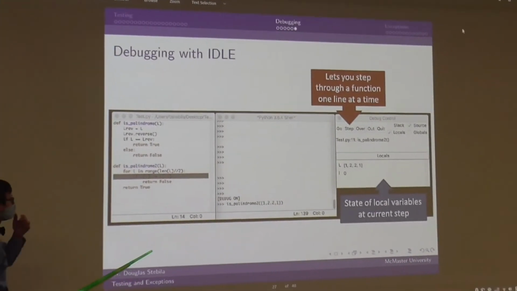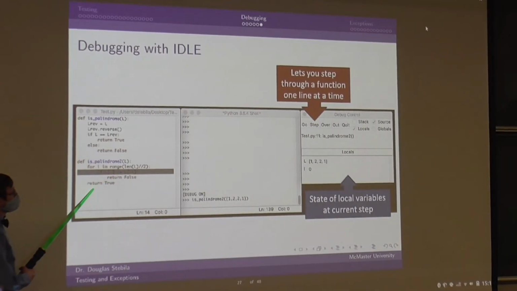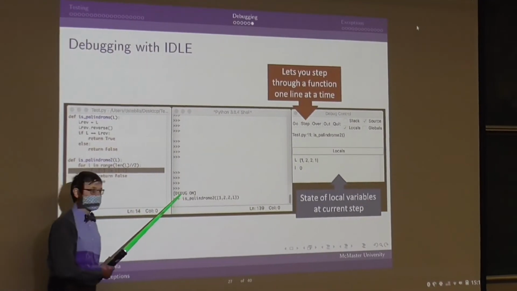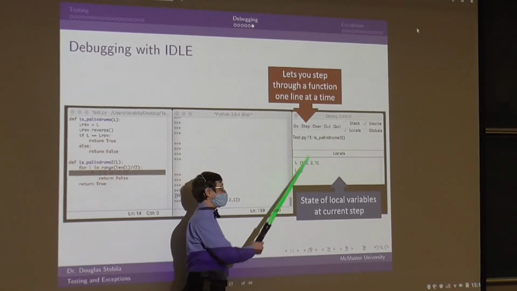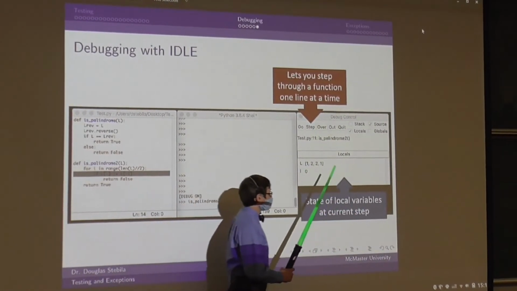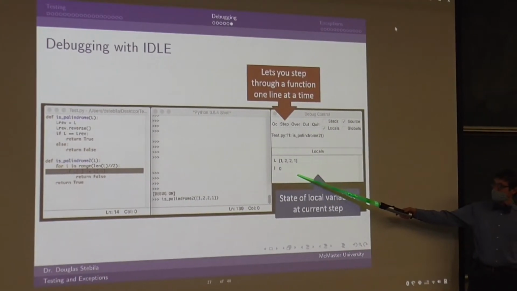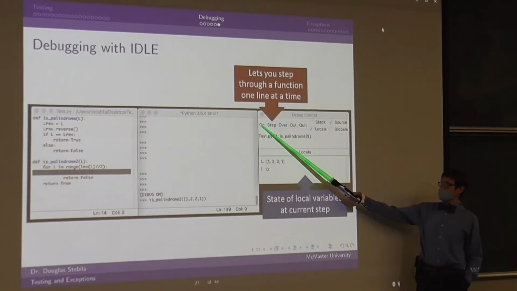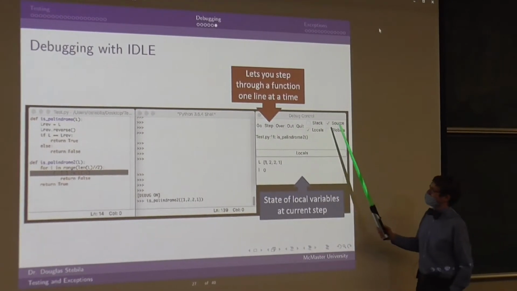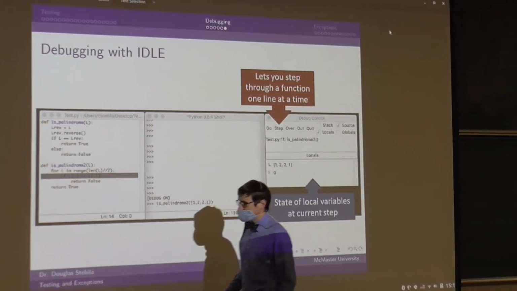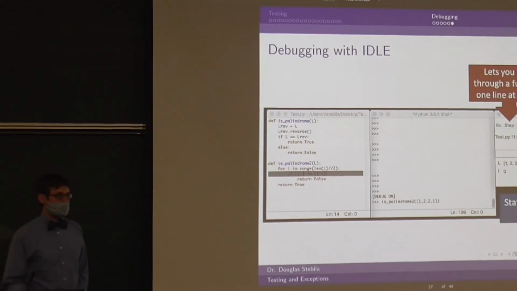So in IDLE, you'll have three things: the code itself, a shell in which to run code, and the debugging control, right? Inside of the debugging control, you can view your local variables. You can see you have go, step, over, quit, etc. You can view which variables you see. This is actually a kind of minimal debugger in comparison to a lot of them.